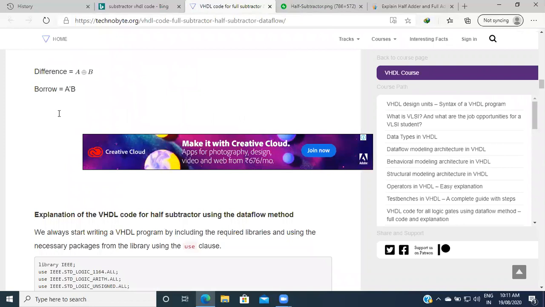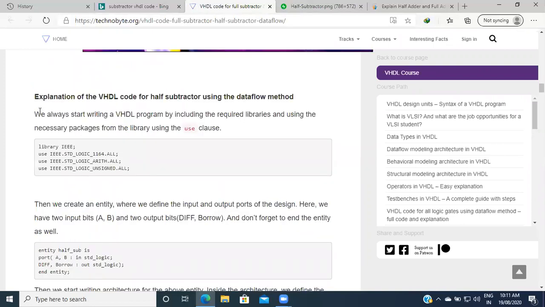So for the VHDL explanation of this code, firstly we describe the library declaration.